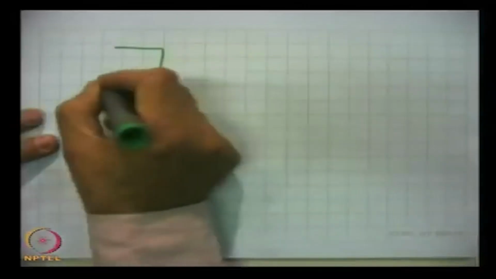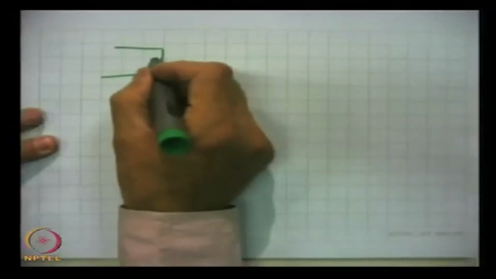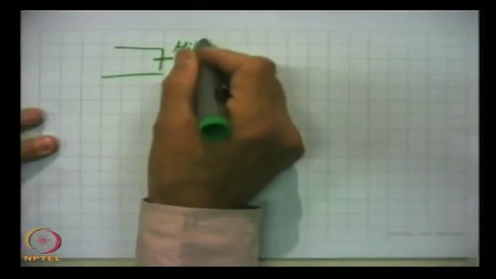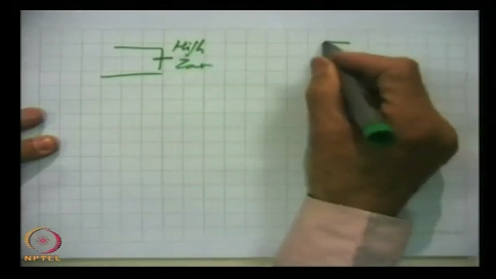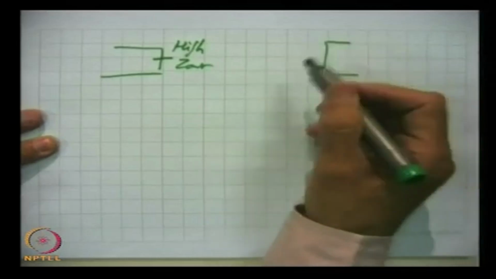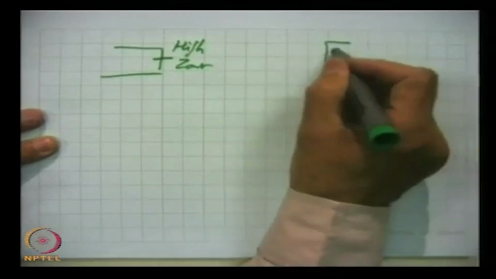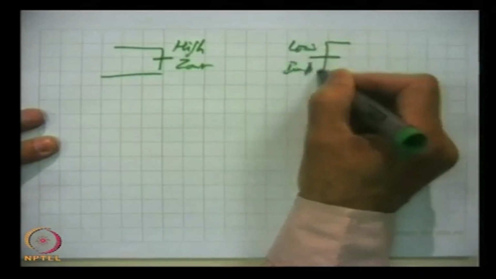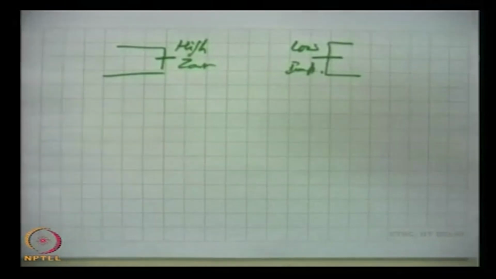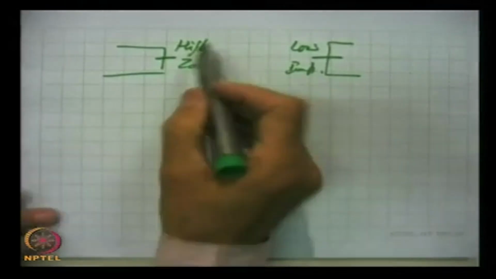Whenever we have one stage which is having high output impedance, high Z out, and then here is some other device, some other circuit which is having low impedance, they can't be connected together because of the mismatch.